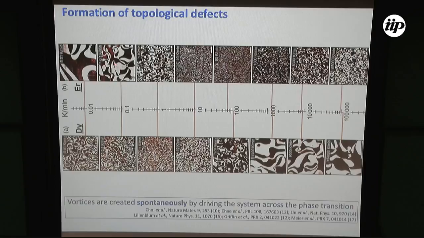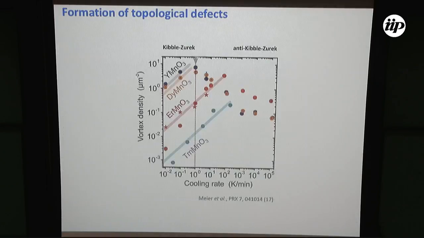As you can see, the formation of the topological defects is unavoidable, but the interesting thing to notice is that there is a correlation between the density of the defects that is produced and the cooling rate of the quenching. The results are summarized here for different compounds. Here I show you the vortex density as a function of the cooling rate in a log-log plot.